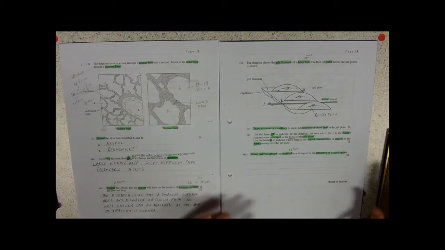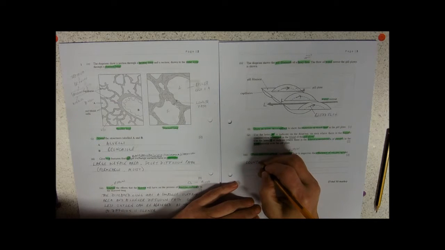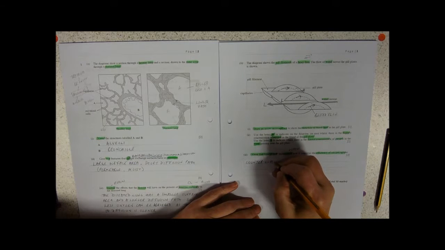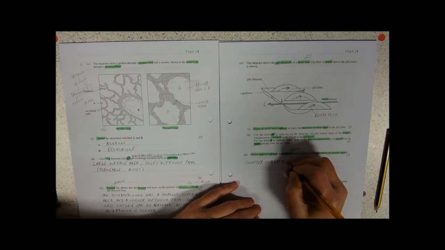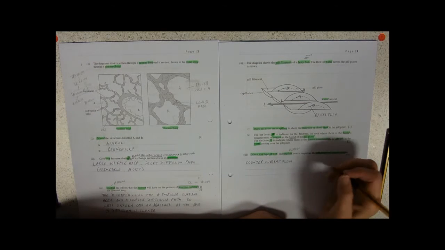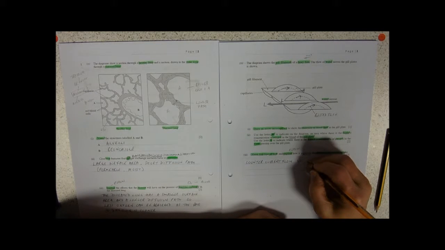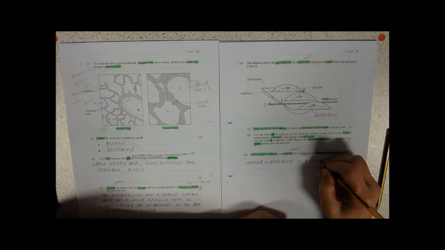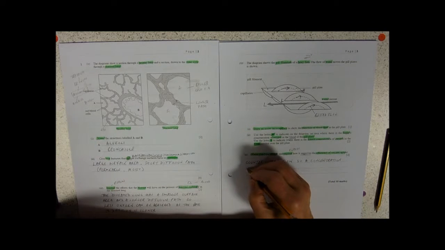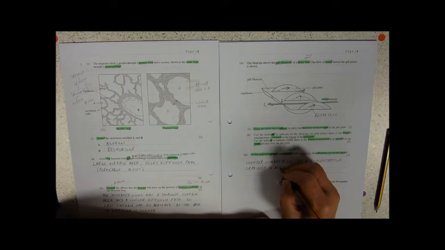Okay. Name this type of flow. So this is countercurrent flow. Countercurrent flow and how it improves. Explain. So a concentration gradient is maintained.